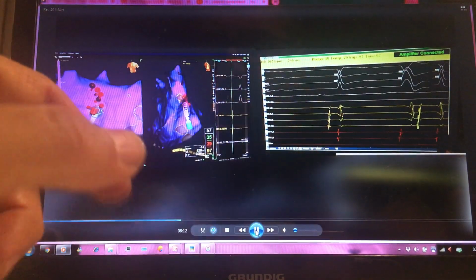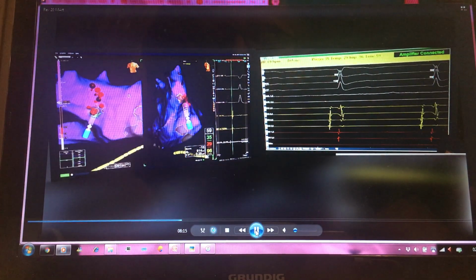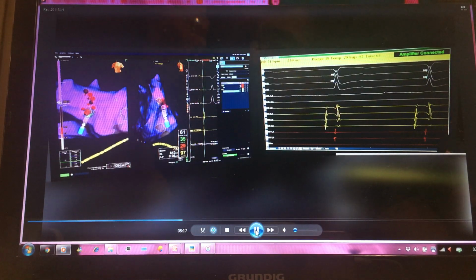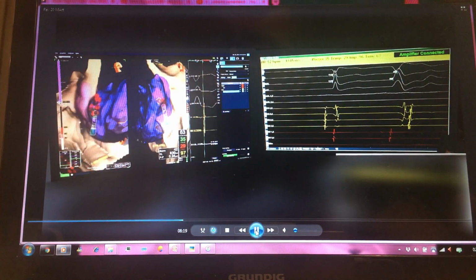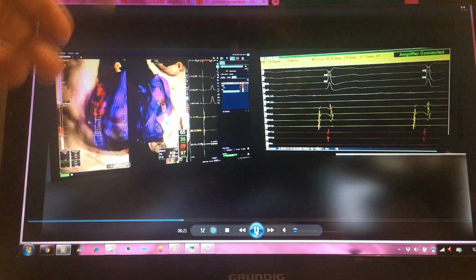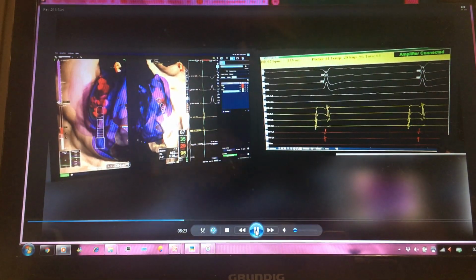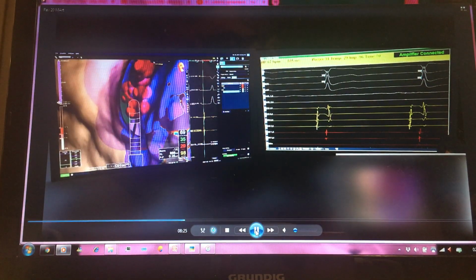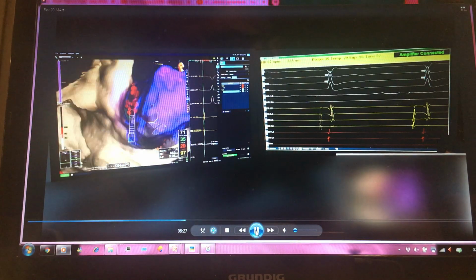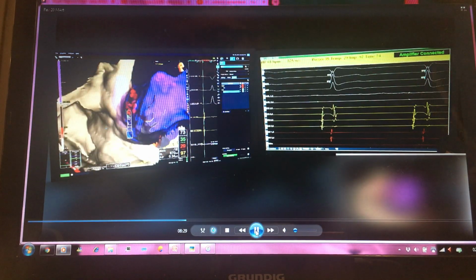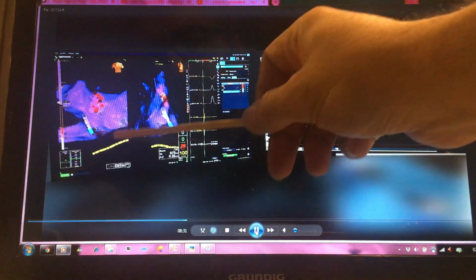Now we are at the ganglion B site. We pulled our catheter a little bit lower. You can see that we are still close to the right atrium. It's very important because GPs are in those sites.